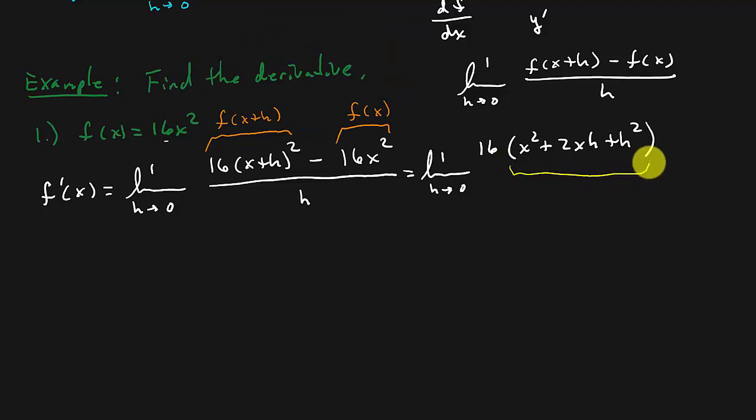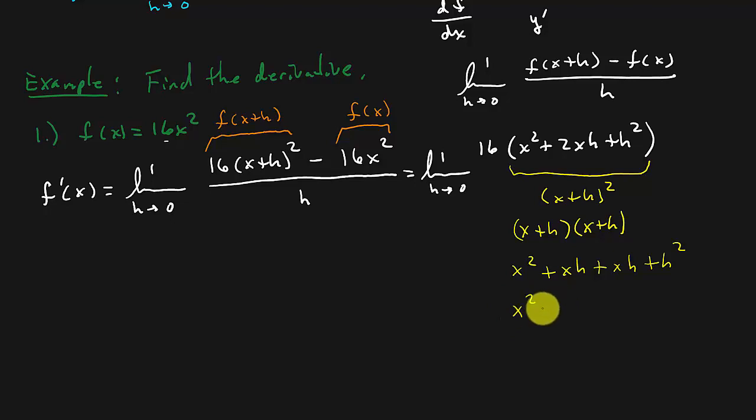Okay. Well, this came from x plus h squared, right? I multiplied this out. Remember, x plus h squared is x plus h times x plus h. And then if we FOIL it, x times x is x squared, x times h is xh, h times x is xh, and then h times h is h squared.